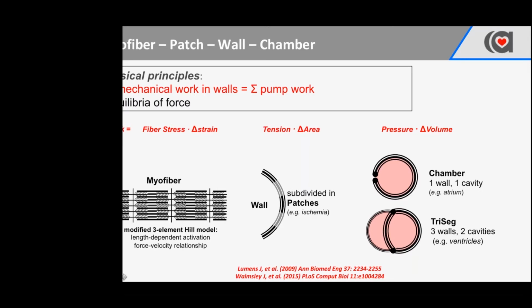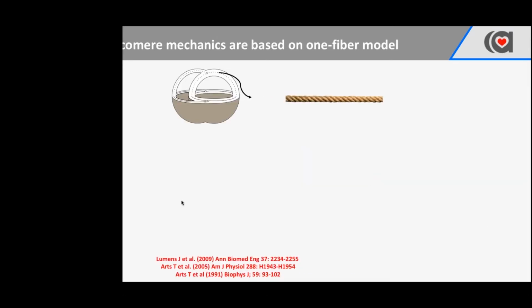Now, for the myofiber, we use the modified 3-element Hill model, which has the length-dependent activation and the force-velocity relationship. And I refer to physiology books for you to read on that item. Now, these sarcomere mechanics within our model are based on the one fiber model.